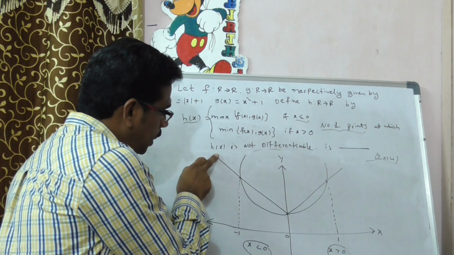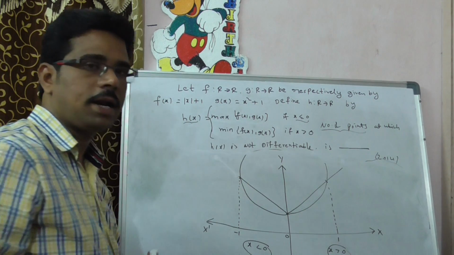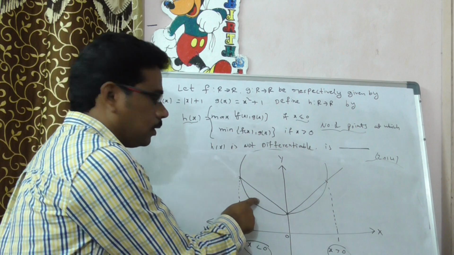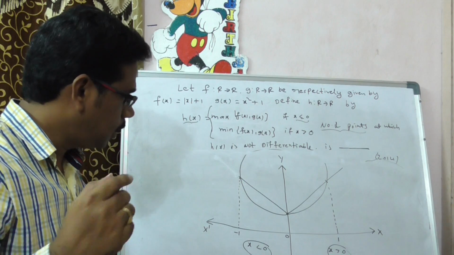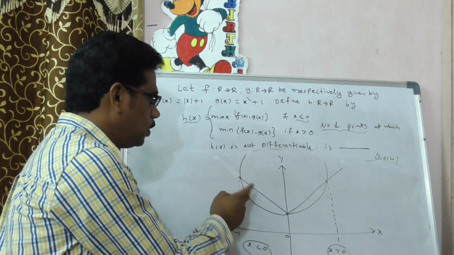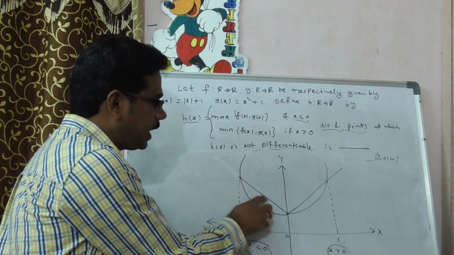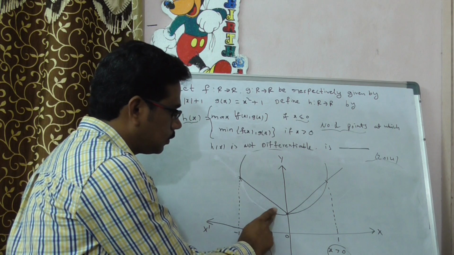Here I am erasing the lower part. Why? Because the upper part gives the maximum in the graph. Understood? Now, to get the maximum, the upper line gives the maximum. So here, eliminate the lower line.